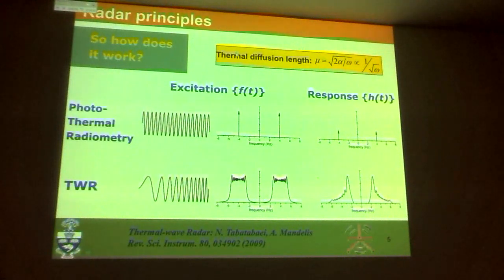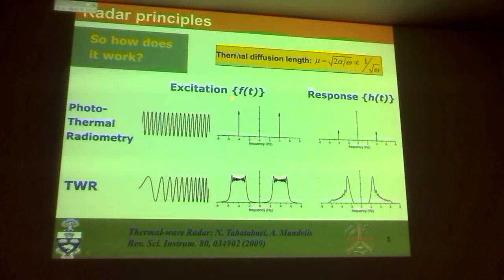Some of you are familiar with photothermal radiometry, because I saw a couple of posters. That is a method where you're picking up the Planck emission, the black body emission from the sample. You have an infrared detector, and you can use that dynamically by modulating the heat, just because you modulated the light.